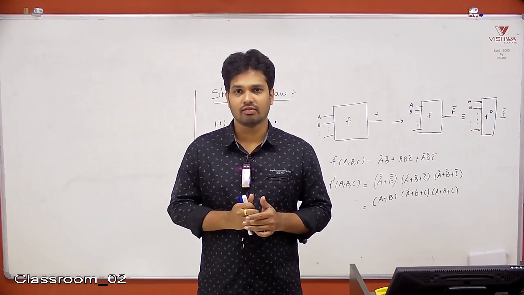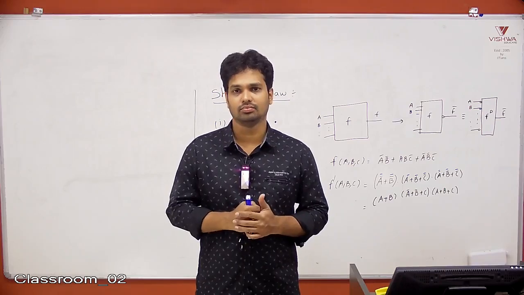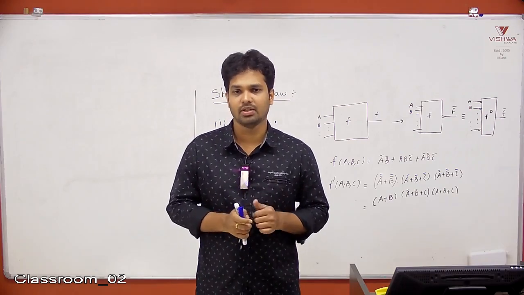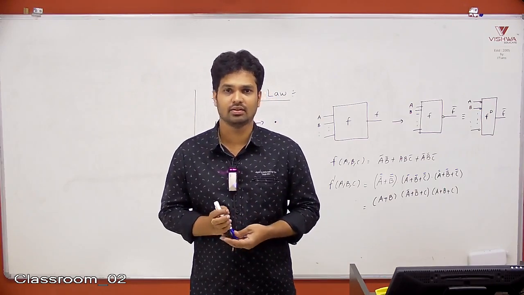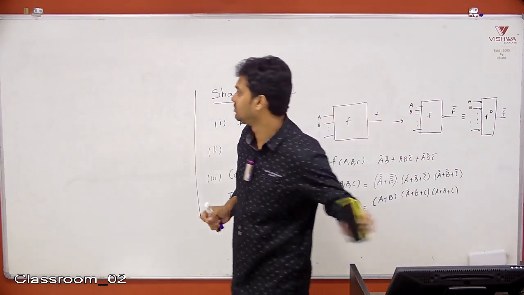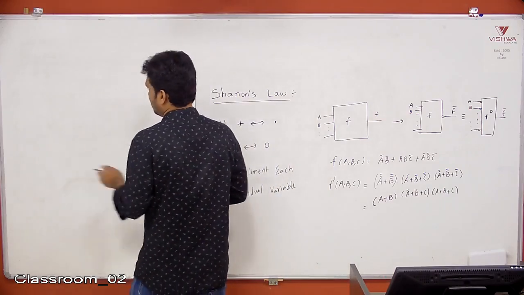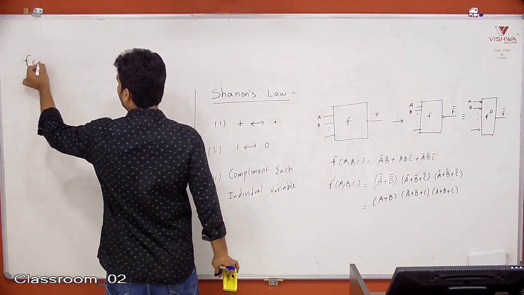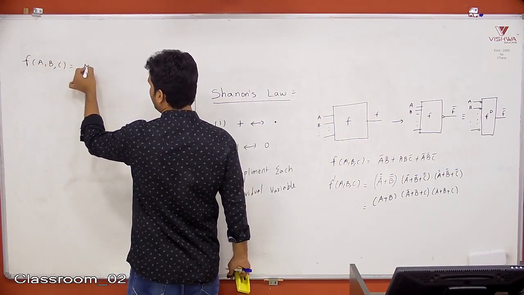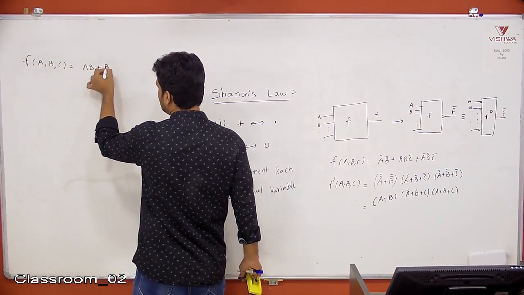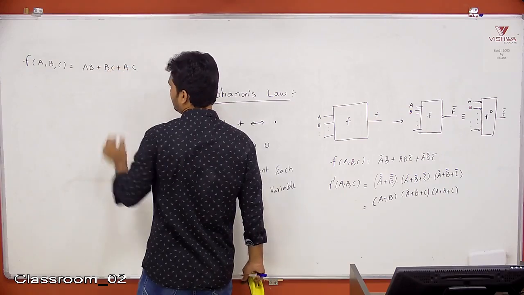The function f of ABC equal to AB plus BC plus AC. Please see. F of A, B, C equal to AB plus BC plus AC.